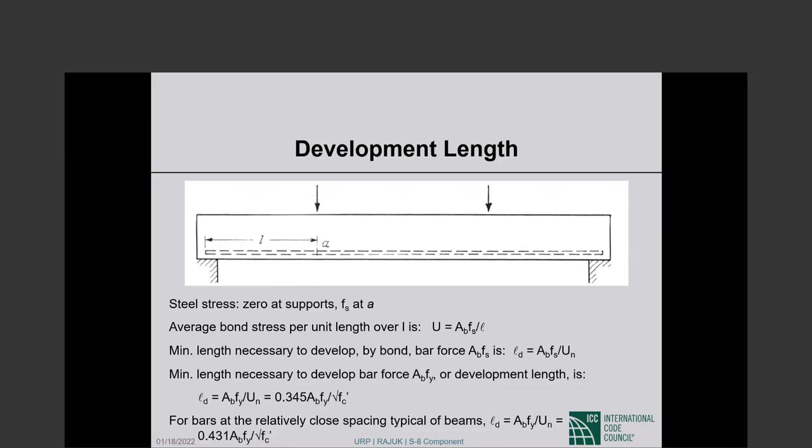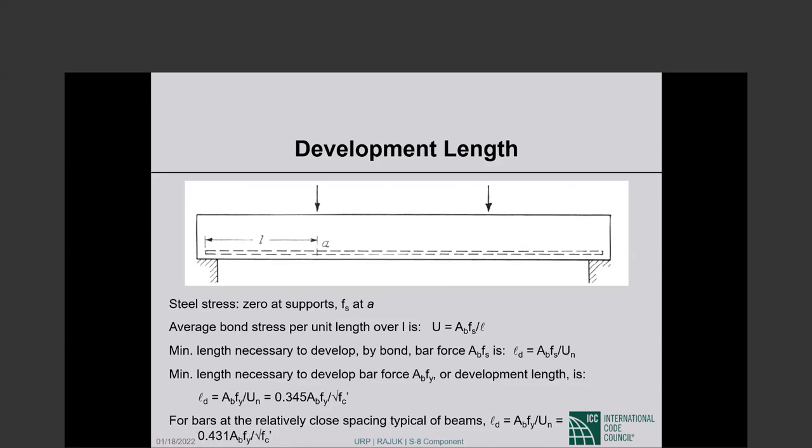Average bond stress per unit length over this length L is the cross-sectional area of the bar times the tension stress in the bar, A sub b f sub s, which is the force in the bar, divided by the length. Okay, average bond stress per unit length over this L is A sub b f sub s divided by L.